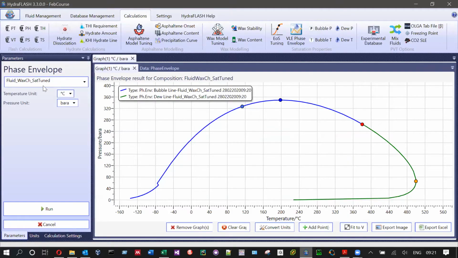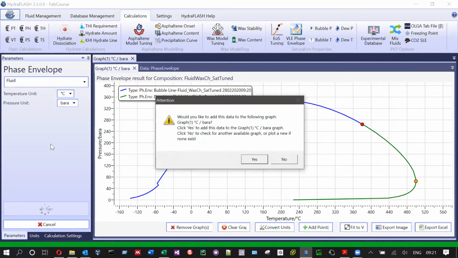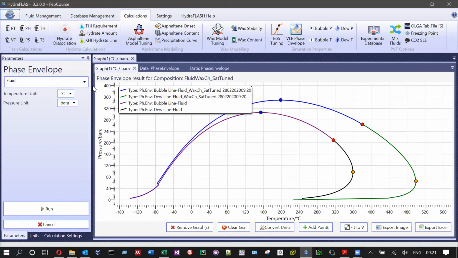I can calculate the phase envelope of the fluid before tuning. It asks me whether I want to see the new graph in this graph or I want a new graph. Because I want to compare them, I ask the software to put the new graph on the same tab as this one.